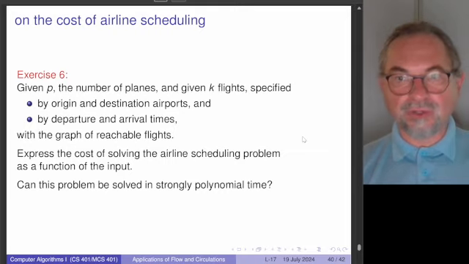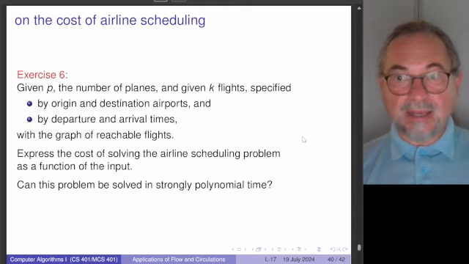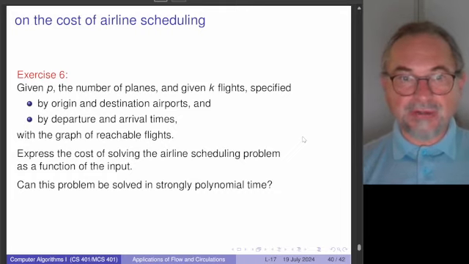We have K flights, so we're going to add 2K extra edges on top of the M. So your answer should actually contain the M plus K.